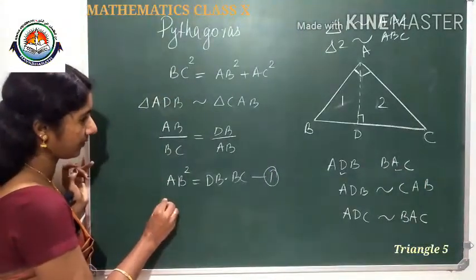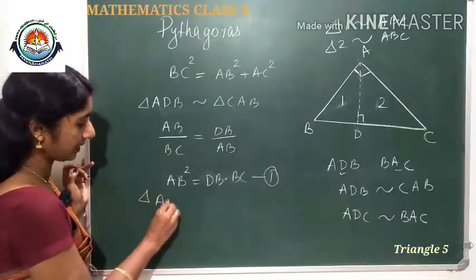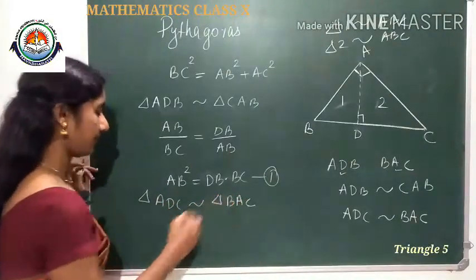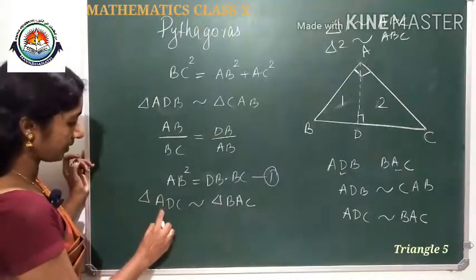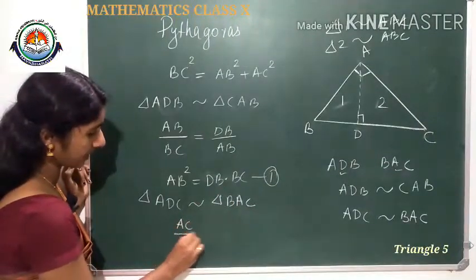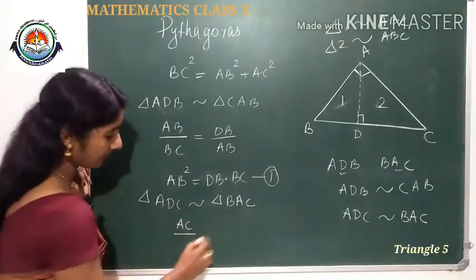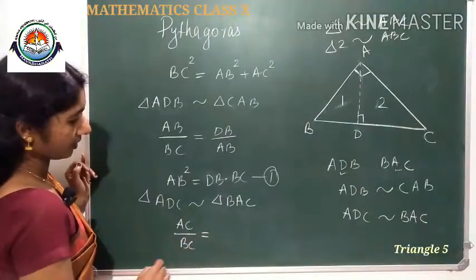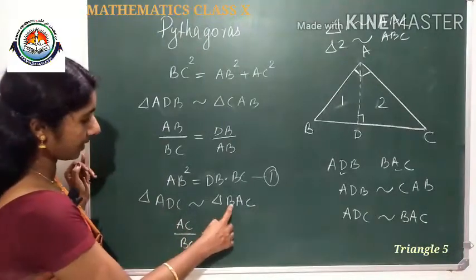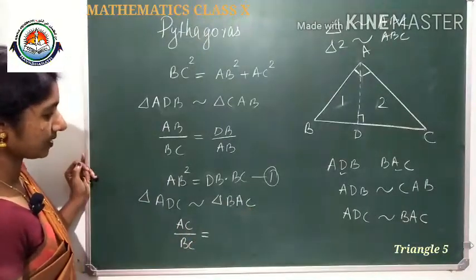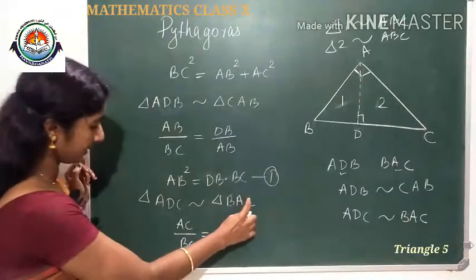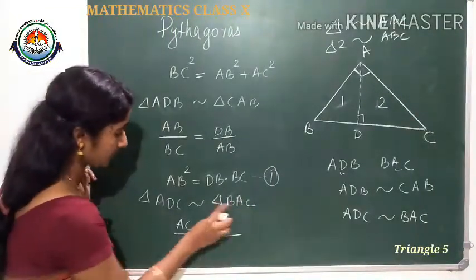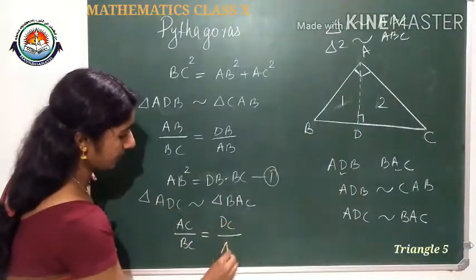So what can we write? ADC is similar to triangle BAC, and from this we can write the ratios are equal. So AC by BC is equal to DC by AC.